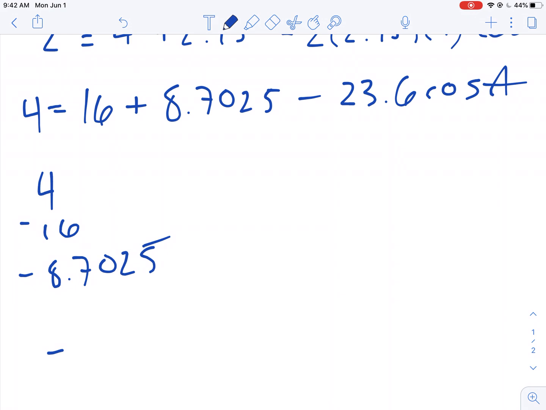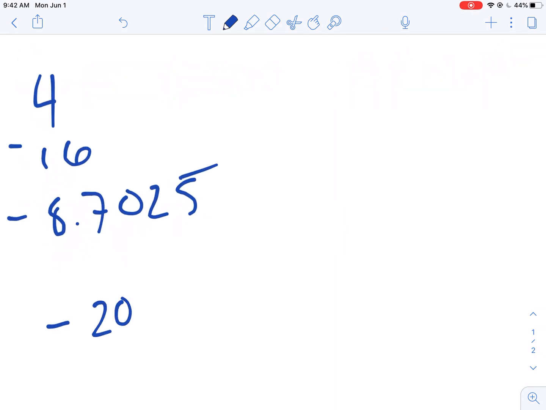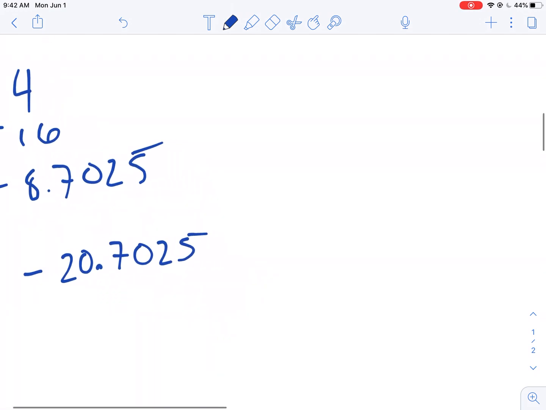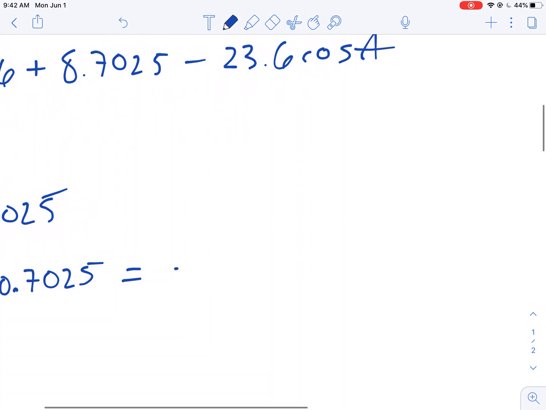So that's negative 20.7025 is equal to negative 23.6 times the cosine of A.